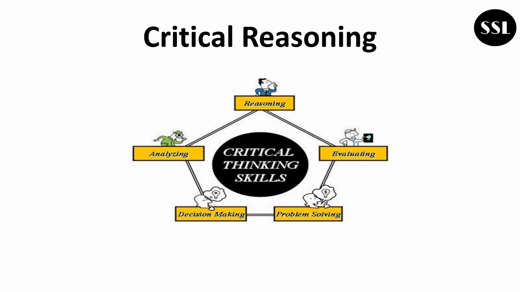Then the last step is decision making. Here you must choose the answer choice that is best suited to the conclusion stated in the argument. This is our 5-step procedure which helps us to improve our critical thinking skills for solving critical reasoning questions.